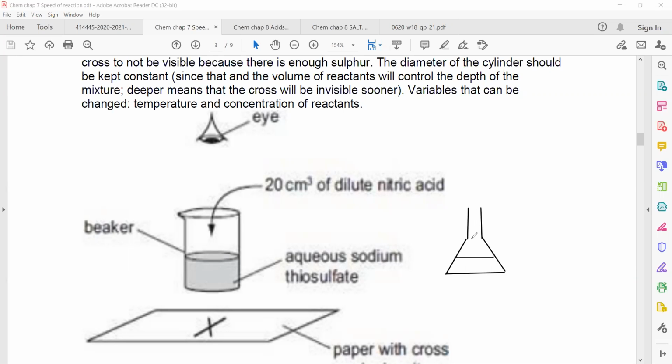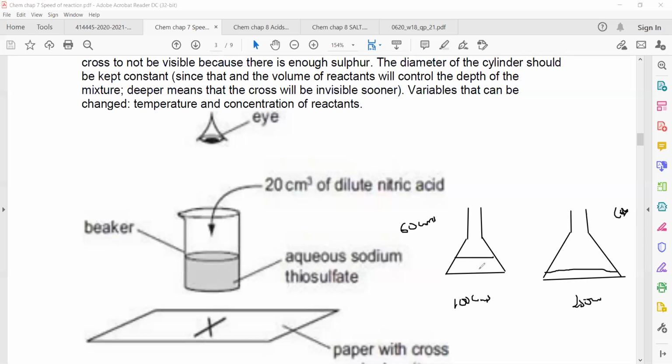If, for example, I'm using a 100 cm cube flask, it means the maximum volume it can hold is 100 cm cube, and we added, for example, 60 cm cube of a mixture, and another flask which is a 250 cm cube conical flask, which means it can hold a maximum of 250 cm cube. But when I add the same 60 cm cube, it will have a lower depth.